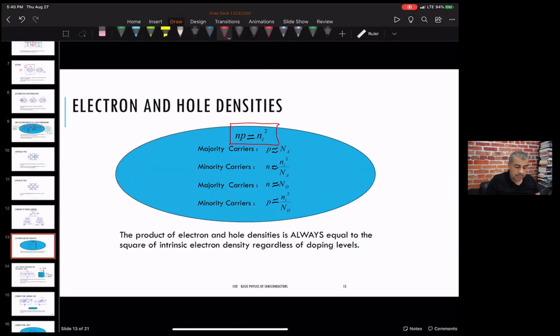So what does that mean if you have a piece of silicon that's N-type?